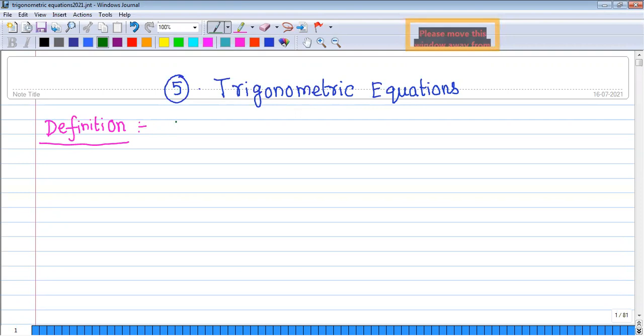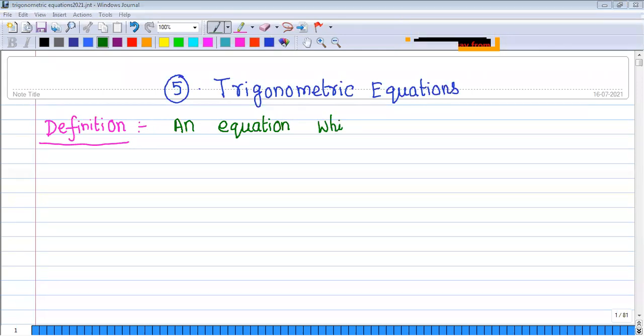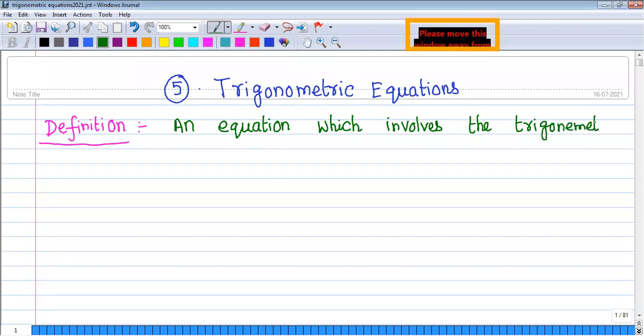Trigonometric equation means it is an equation which involves the trigonometric ratios of unknown angles.